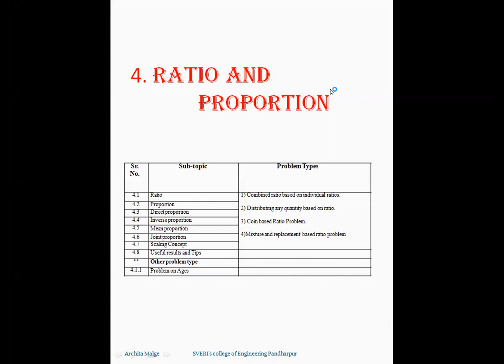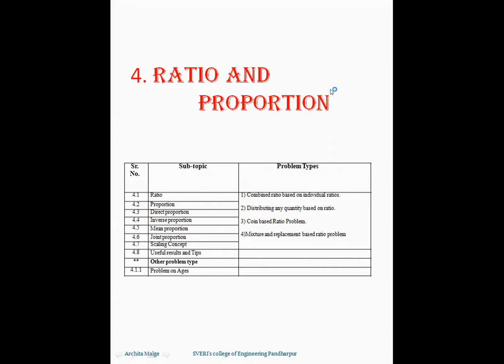So let us start ratio and proportion. In this chapter, we are going to study ratio, proportion, then direct proportion, inverse proportion, what is the mean proportion, then what is meant by joint proportion, what are the scaling concepts, then what are the results, and how to solve the examples related to ratio and proportion with problems on ages.